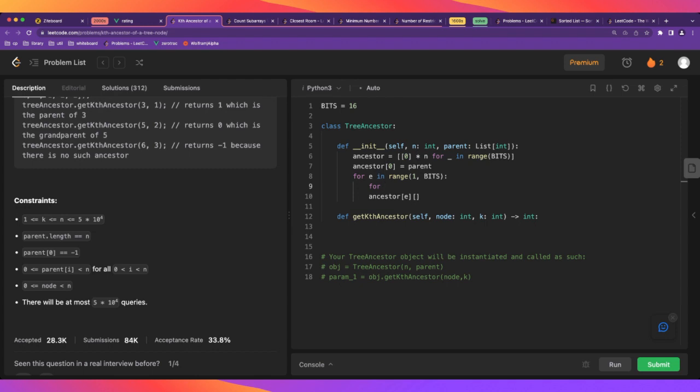Let's call this node I. So the ancestor E of I is going to be the ancestor E minus 1 of the ancestor E minus 1 of I. And that should be it.